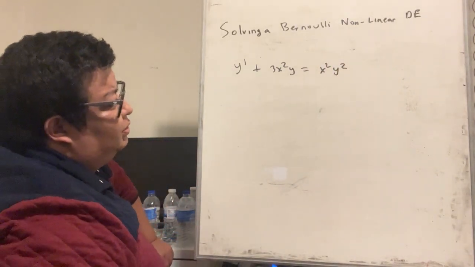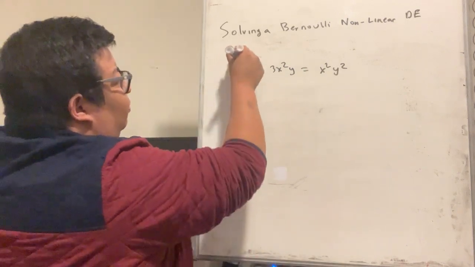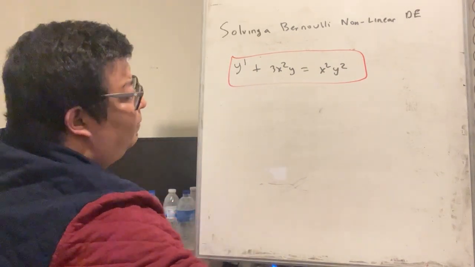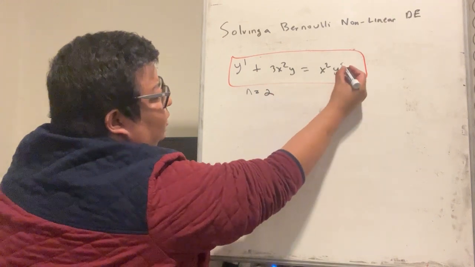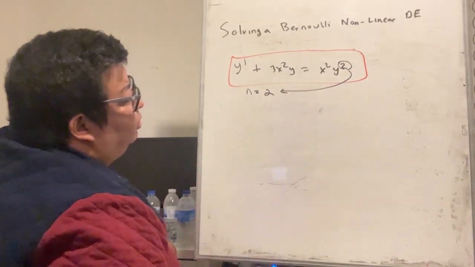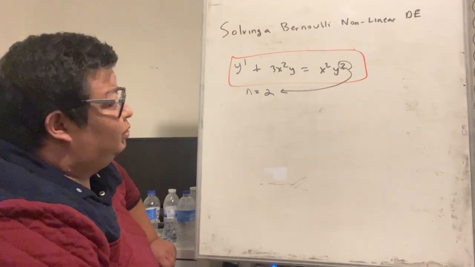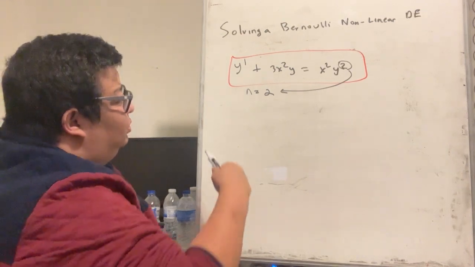In this equation, n is equal to 2, because I get it from here. Then we can use the solution that I presented before and solve it to get our answer.